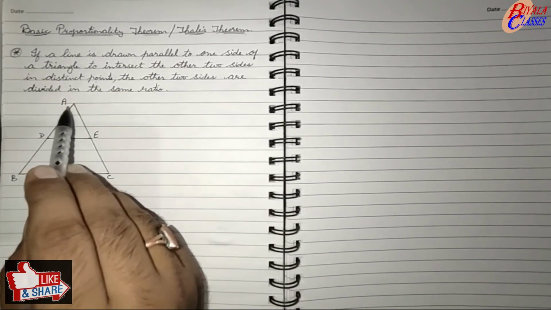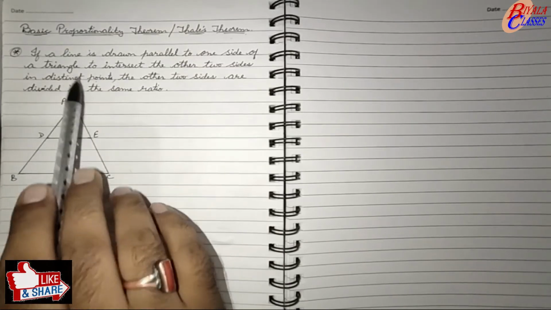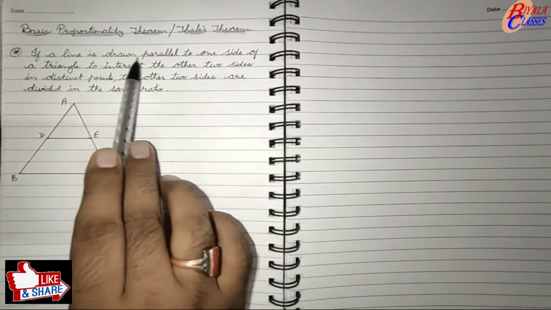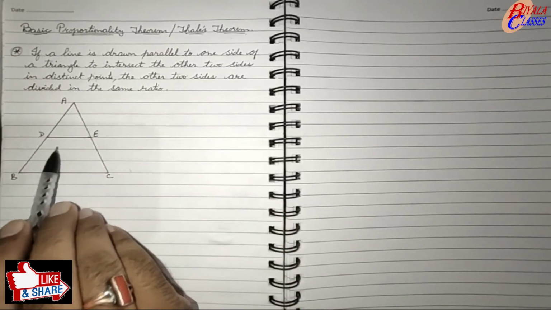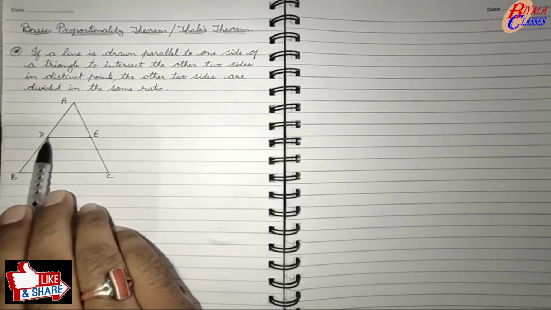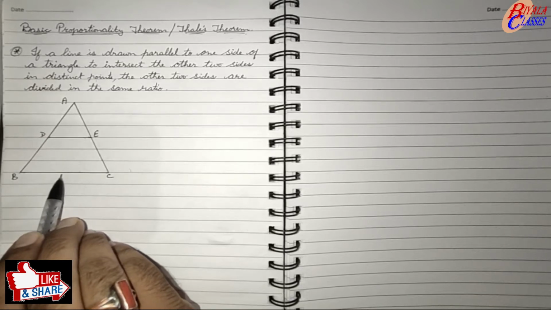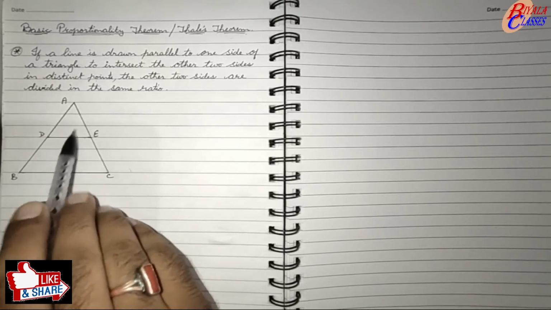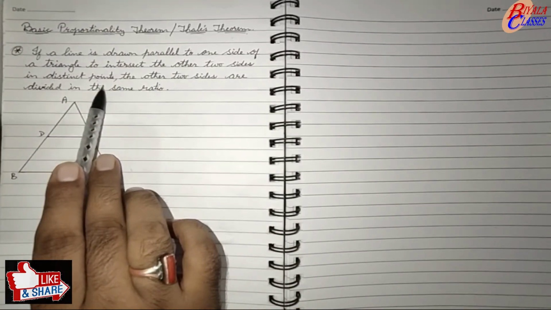So suppose you are given a triangle ABC, and the first part says a line is drawn parallel to one side of the triangle. Here this line DE is drawn parallel to one of the sides, that is BC, of the given triangle, to intersect the other two sides at distinct points.